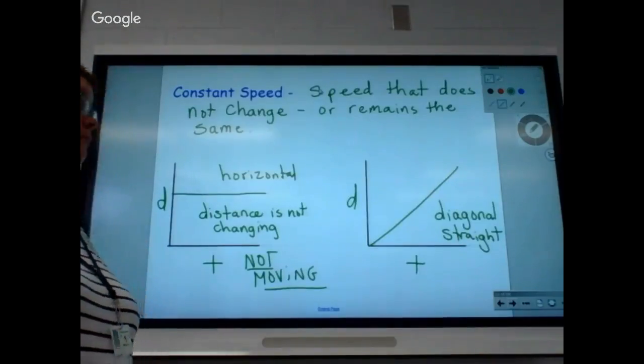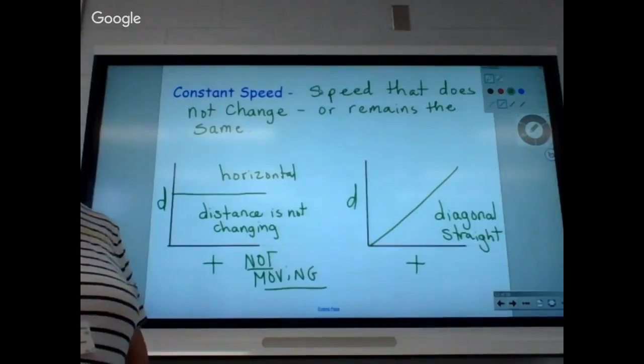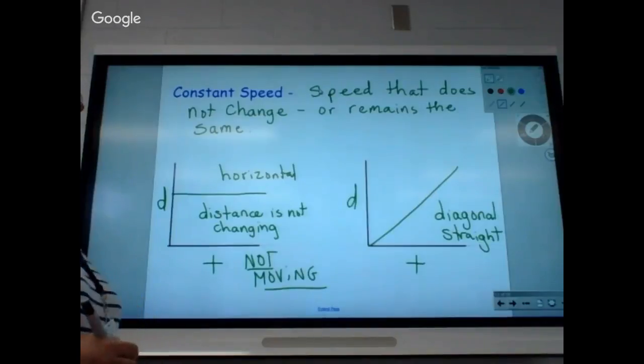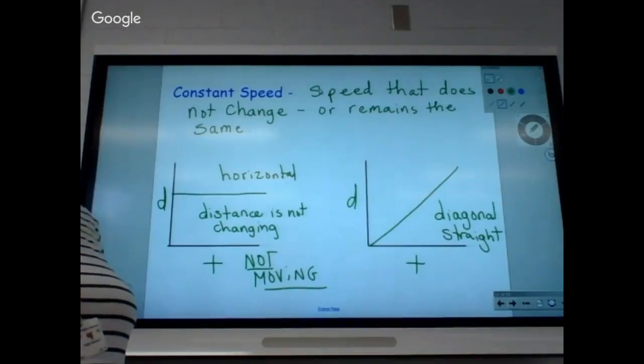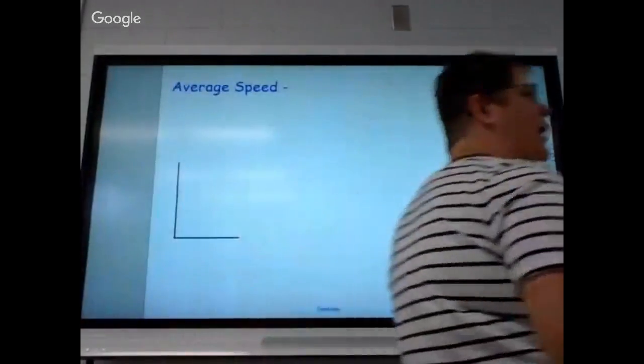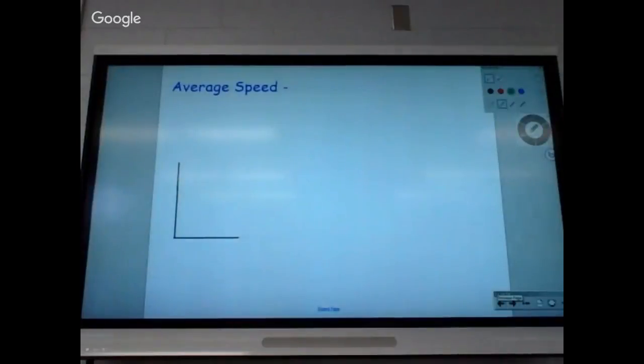Okay? Everybody with me on that? Yes. Okay. Everybody got what they need off this board? Okay. So if I go back to average now, tell me what average speed means. Okay, so the speed is basically going to do whatever time. It's going to change, okay?